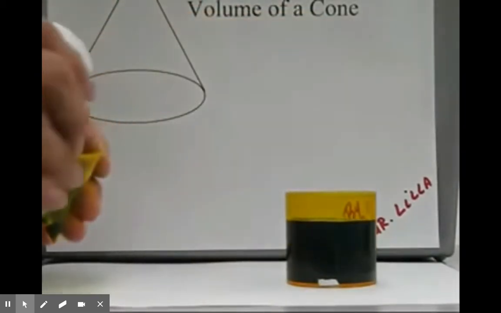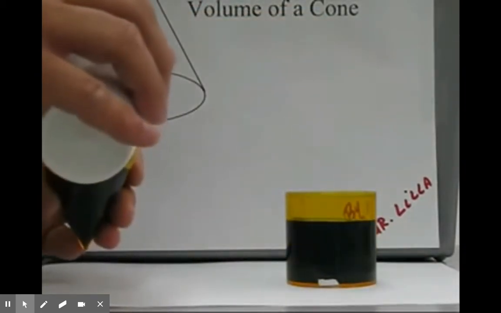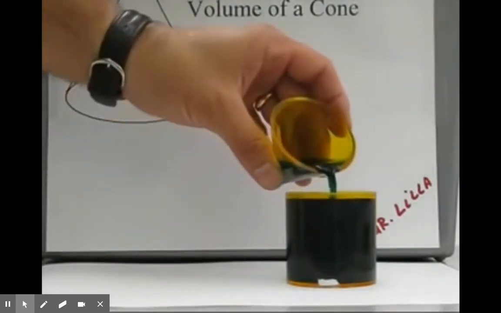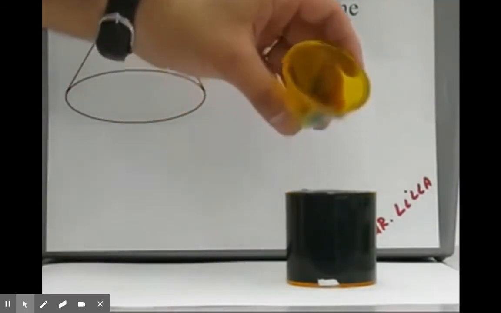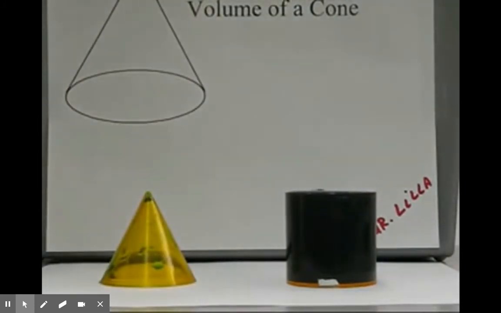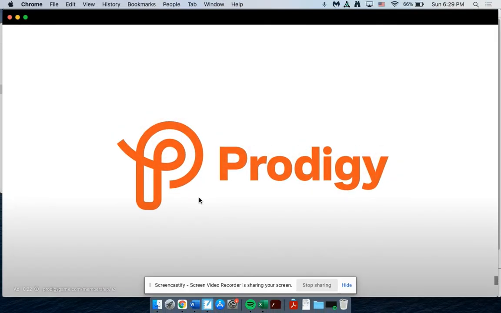There's 2. I think we're seeing a theme here, aren't we, folks? And there is our third one. So again, it took 3 cones to fill up that cylinder of the same height and base area.